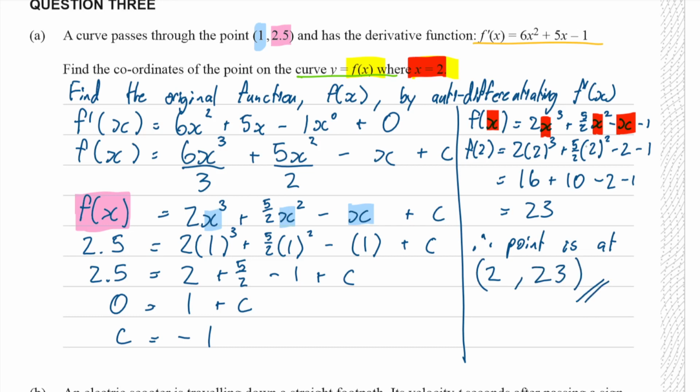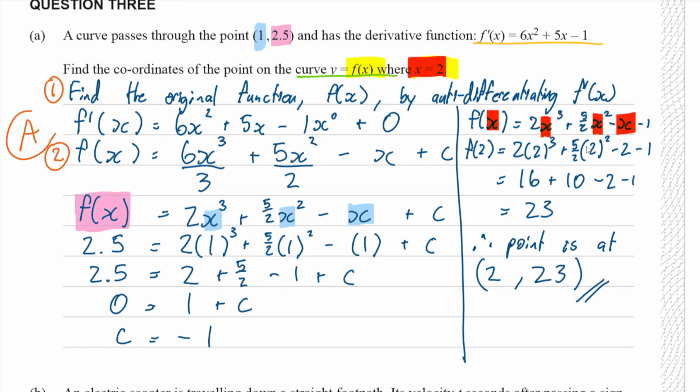So just to quickly recap that question, we were given the gradient function, the derivative, f prime of x, and we were looking for a point on the original function. So we first recognized we have to find the original function by anti-differentiating. Right, so we did that, and we got up to f of x without the constant, so plus c.